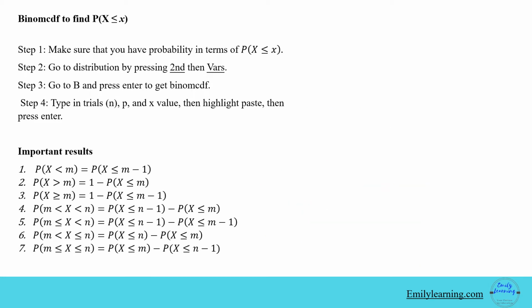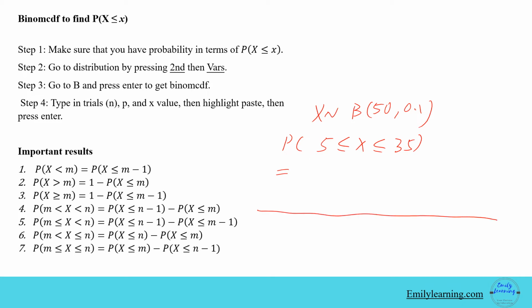Then let's look at the last one, number 7, when you have x in between and inclusive of both m and n. Okay, so let's use an example. For example, x takes binomial 50, 0.1, and I'm interested in x in between 5 and 35. Okay, so what I'll do is I'll first draw 35, and I know it includes 35, right?